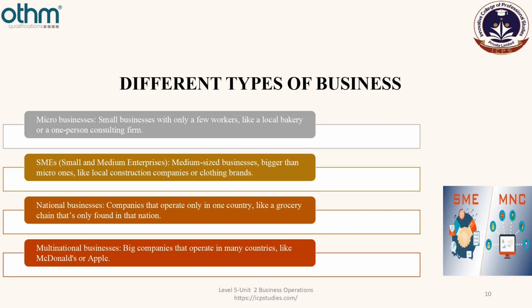Then we have the national businesses. These are companies that operate only in one country, for example, any grocery chain that is only found in one nation. Then we have the multinational businesses. These are big companies that operate in many countries, for example, McDonald's, Apple, Nike, Tesla, Unilever. We have many examples.